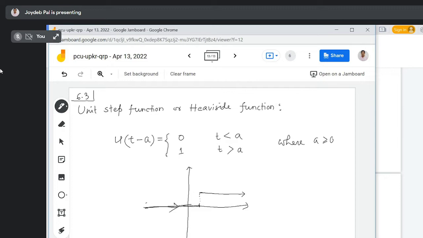ये यूनिट स्टेप फंक्शन देखो, एकदम नाम के साथ ही ये ग्राफ मीनिंगफुल है, because the step means length of the step, height of the step, that is 1, right? ये हाइट कितना है, दोनों ब्रांच जो है 0 और 1 में हाइट का डिफरेंस कितना है, 1.